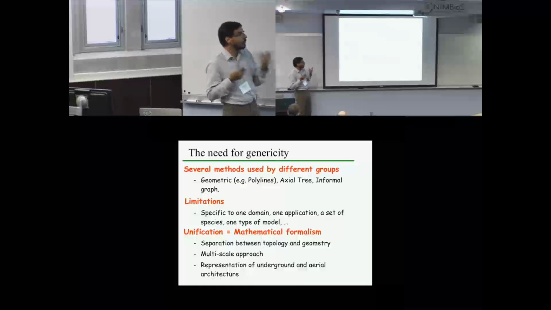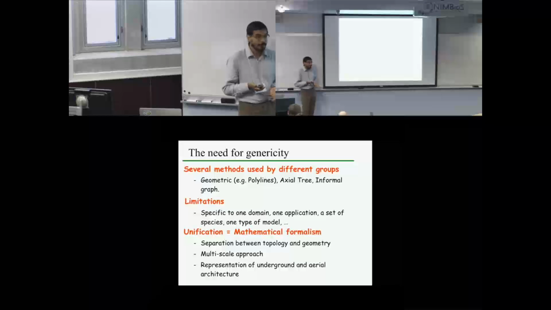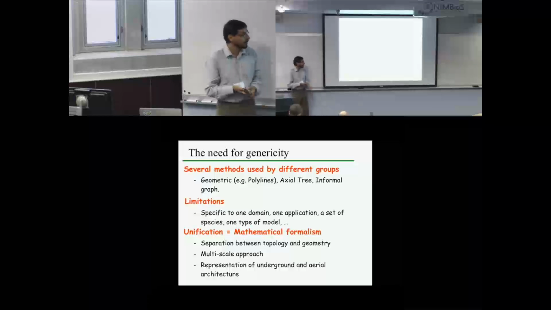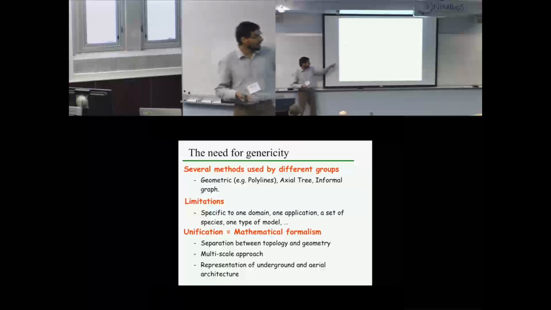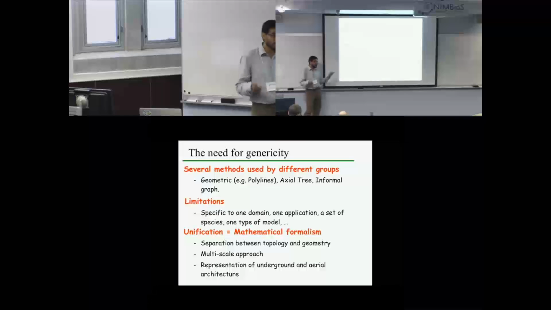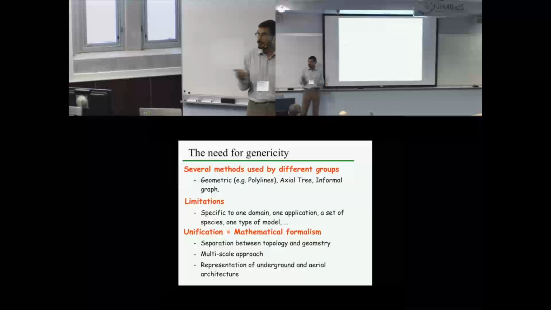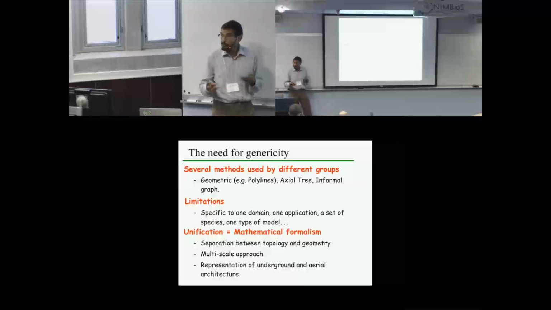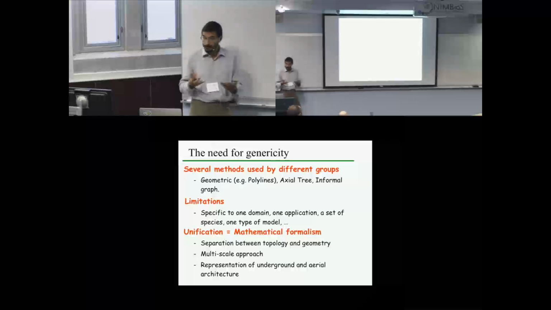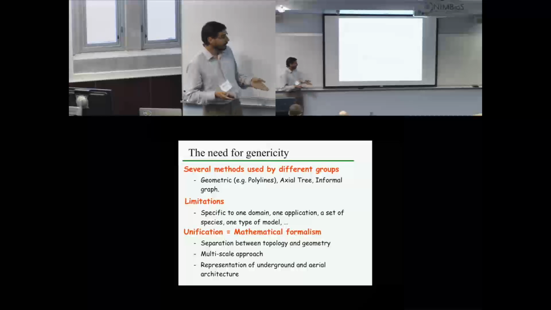So we need mathematical formalisms to have a kind of unification, and mathematicians promote the separation between topology and geometry, two different fields, and it's very important to consider both structure and geometry as different parts.